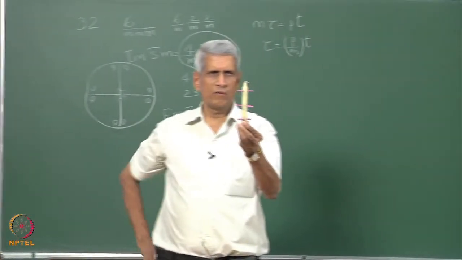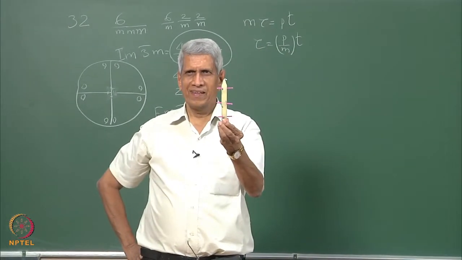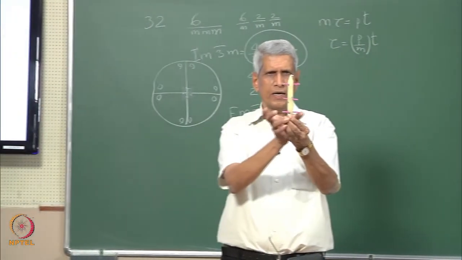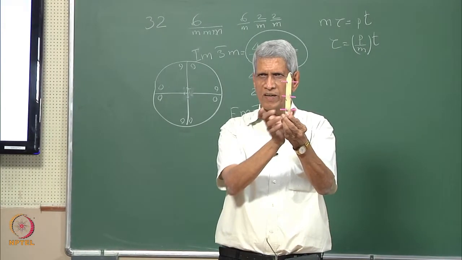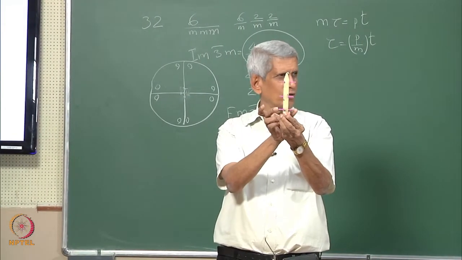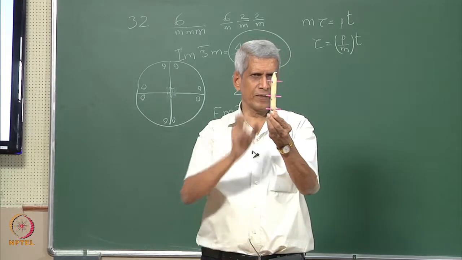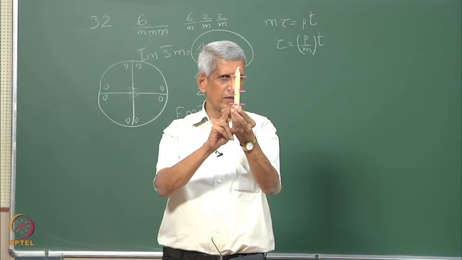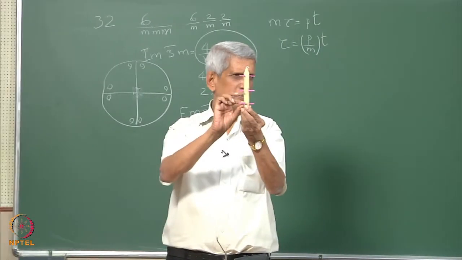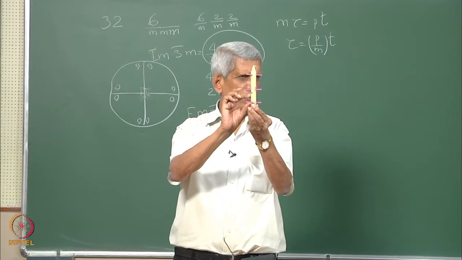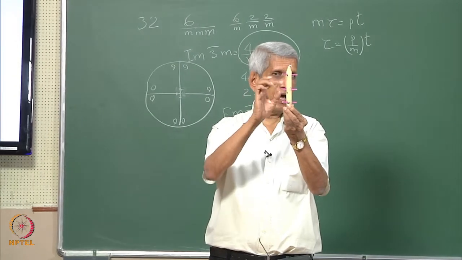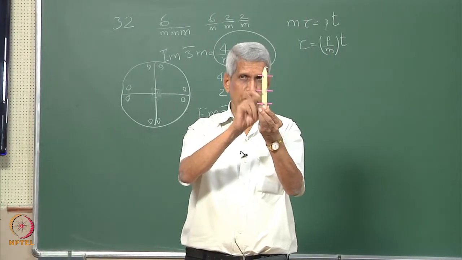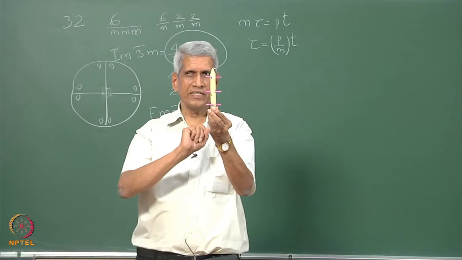You look at this one, what do you see? Here, the motif itself has a twofold symmetry associated with it. This motif is rotated by the pitch. If this is the pitch, it is not 1/4 but half, and the angle is 90 degrees.